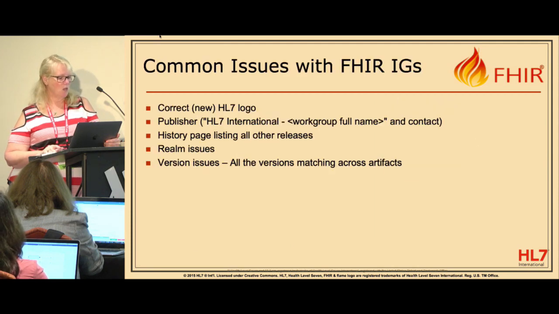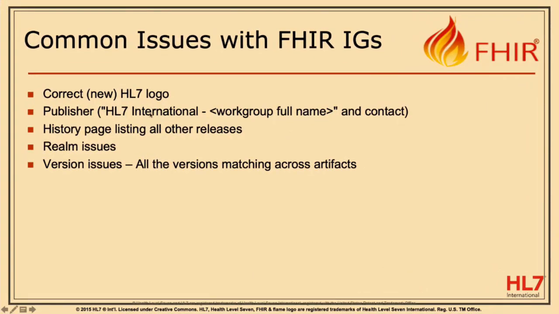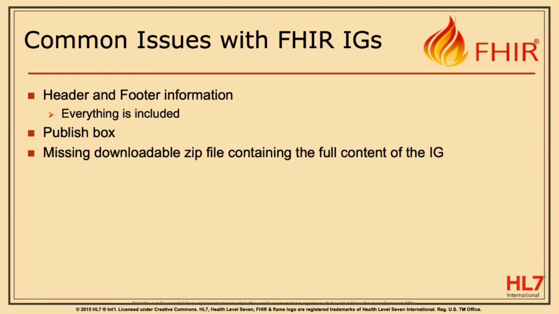So these are some of the common issues: the correct new HL7 logo, the publisher, if it's an HL7 one, with the workgroup full name and contact, the history page listing all other releases, any realm issues, version issues, header and footer information, the publish box, and the downloadable zip file, if you're missing it.